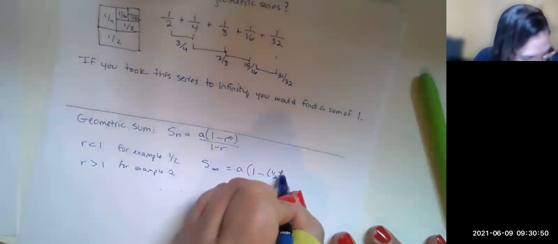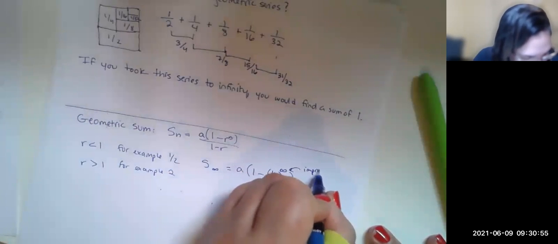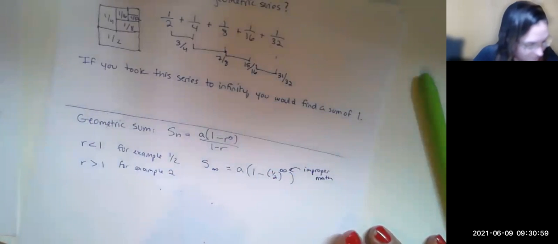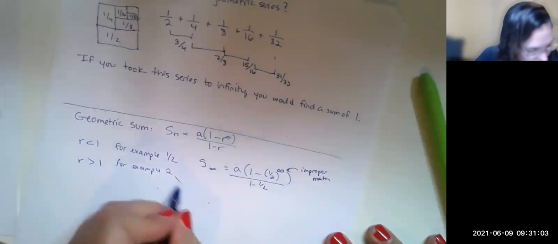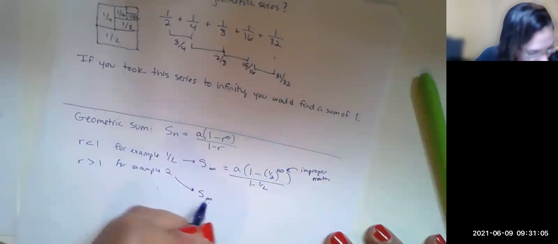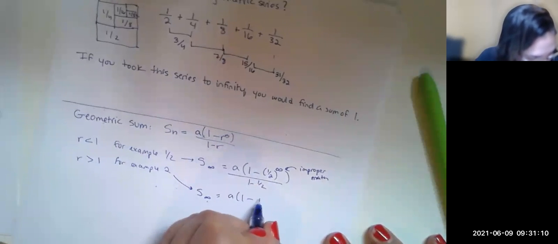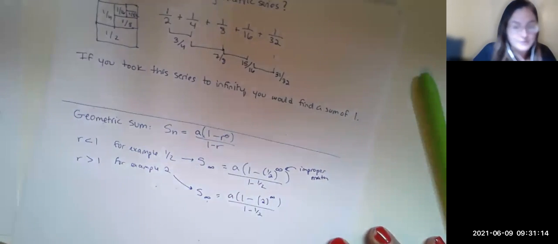Let's say we actually can plug in infinity here, which is improper math, but I want you to get the idea of what's happening by just plugging in that infinity number. And then over here, we'll do the infinite sum of a times 1 minus 2 to the power of infinity, over 1 minus 1/2.